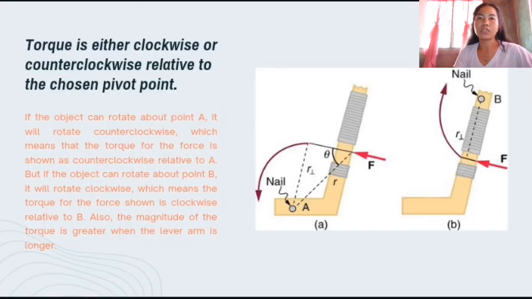So for example, torque is either clockwise or counterclockwise.